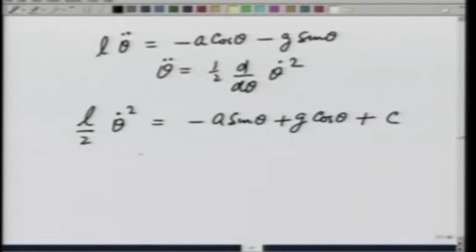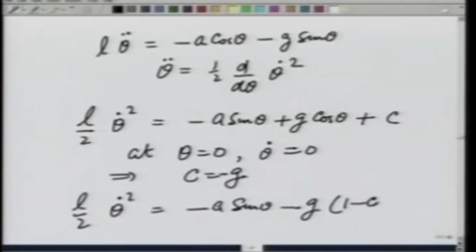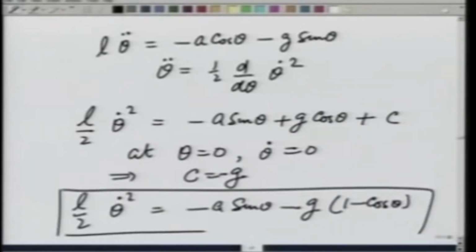However, at theta equal to 0, when it started, theta dot is equal to 0, and that gives me c equals minus g, and therefore L by 2 theta dot square comes out to be minus a sine theta minus g (1 minus cosine of theta). That is your solution for theta dot square.